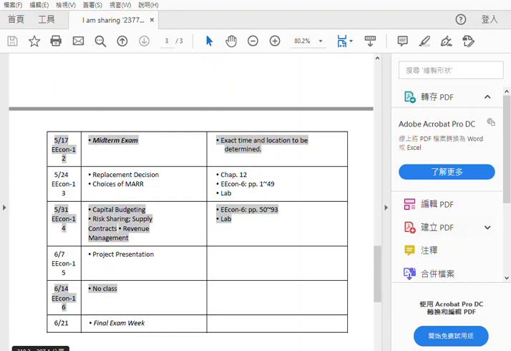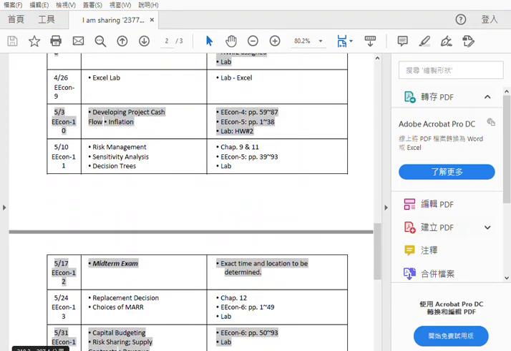I also put lab here. Right now we don't have specific contents, but earlier I put, say, lab homework 2, meaning that in that lab session, our TA will explain or go through the homework problems in great detail so that you can understand. If you have a question, you can ask.